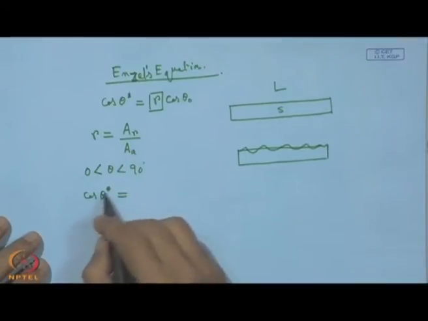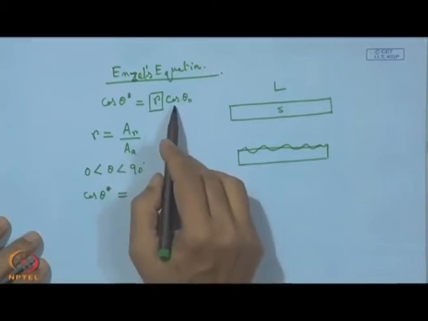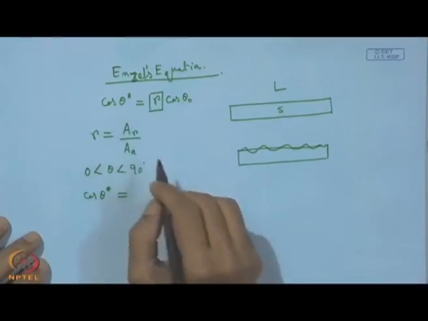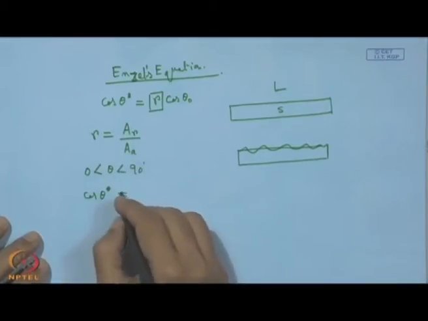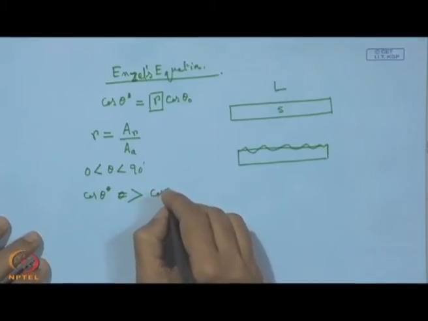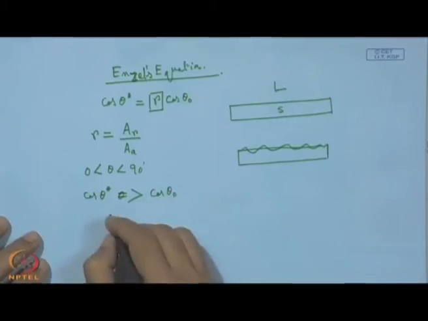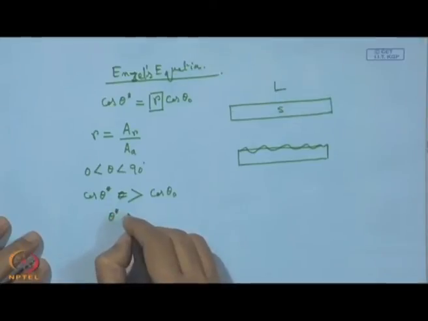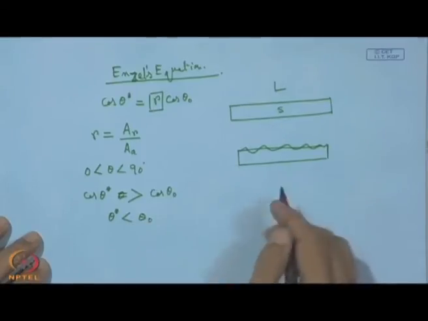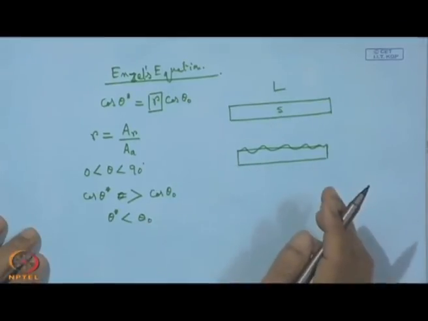So naturally this value will be greater than that of cos theta O, and therefore this theta star will be less than theta O. That means wetting is improved by this roughness.